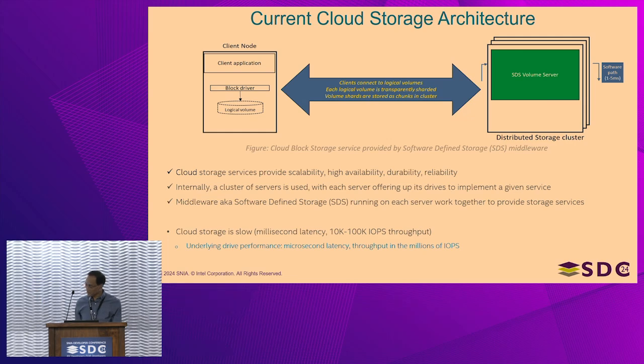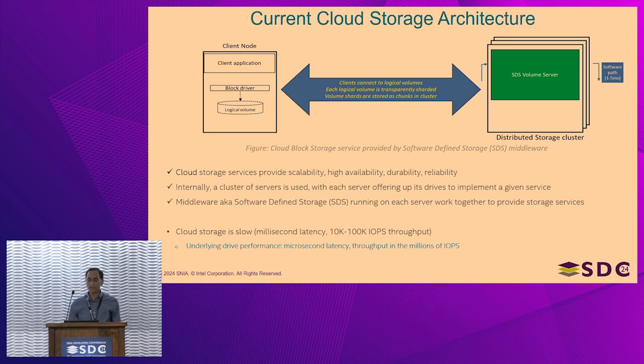So the picture there is basically showing a cloud block storage service provided by such an SDS middleware. And the point here that I wanted to talk about was client applications are basically connecting to a logical volume. And this logical volume is transparently sharded across the entire cluster.